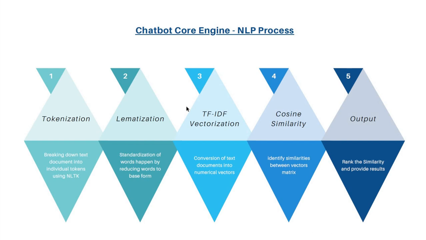Here I am going to explain the various stages involved in the NLP process, that is how the core engine is developed. The first stage is tokenization. Here we are breaking down the text documents into individual tokens using the NLTK framework. These are now words or tokens. The second stage is lemmatization, the process that involves reducing words to their base form.